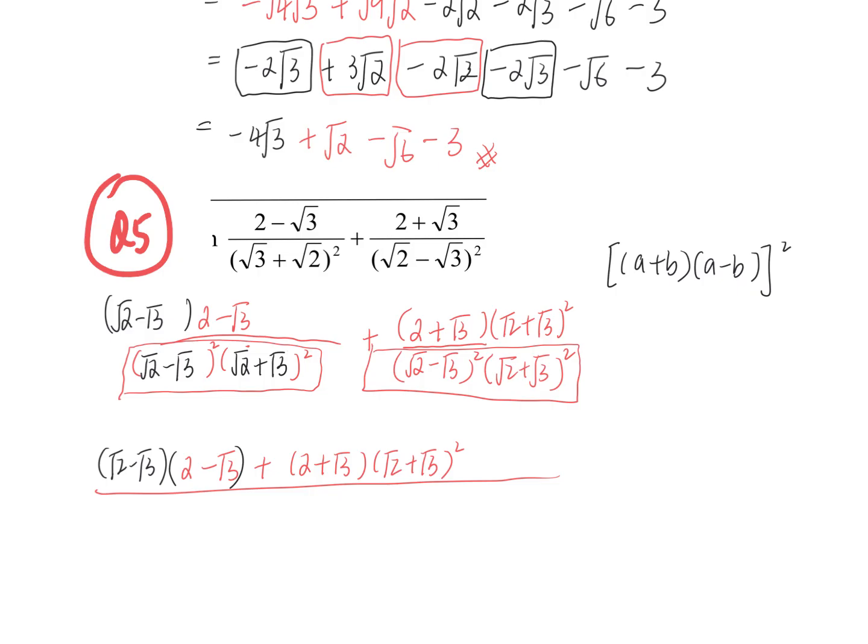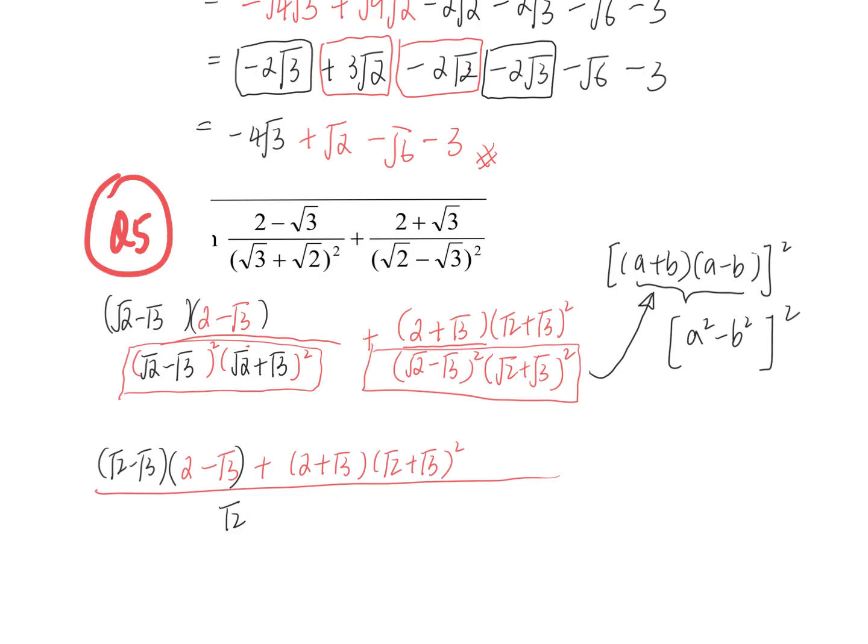Question 5. Okay, so the bottom, this 2 is actually the same as this. This 2 square is the same as squaring both of them. So what is this? This is a square minus b square. And then I square the whole thing.